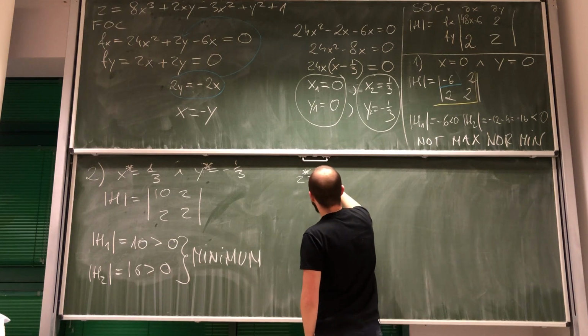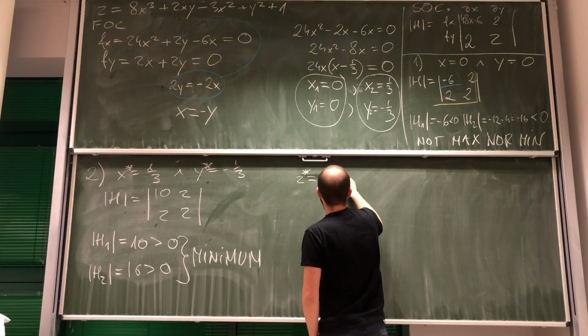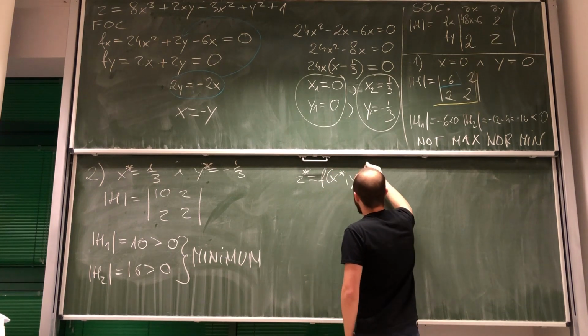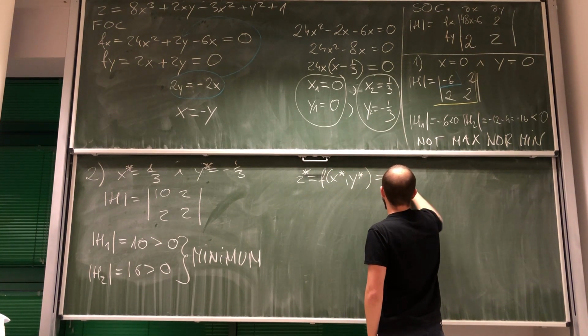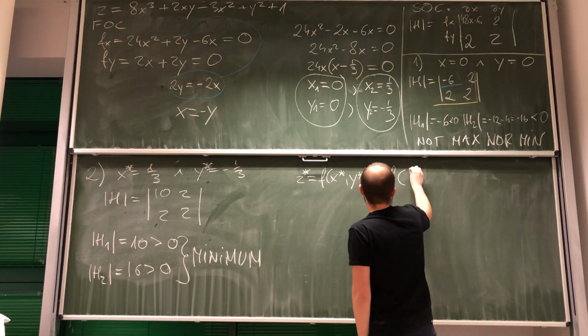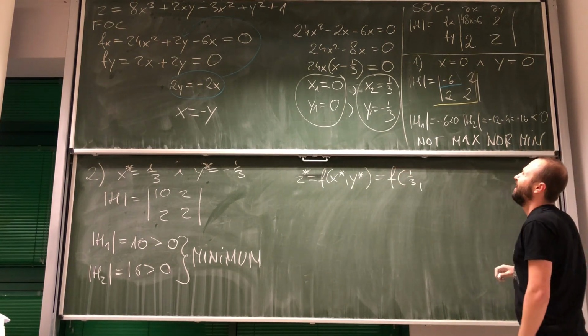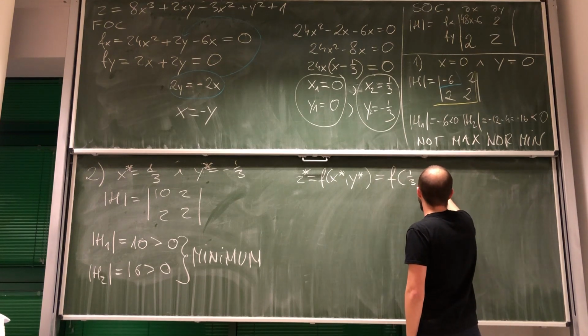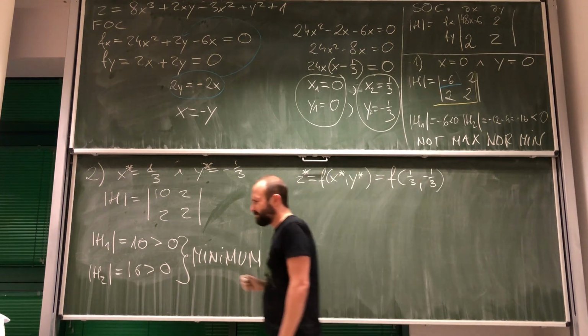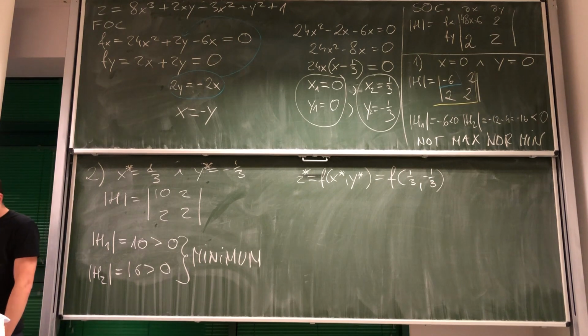So I would put inside this function the optimum values: instead of x, I will be placing 1 over 3, and instead of y, negative 1 over 3.